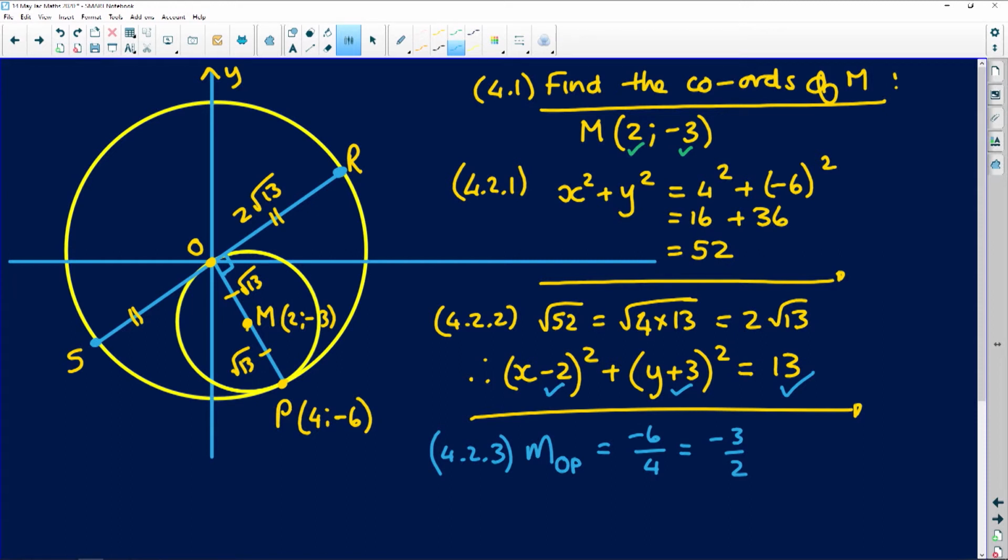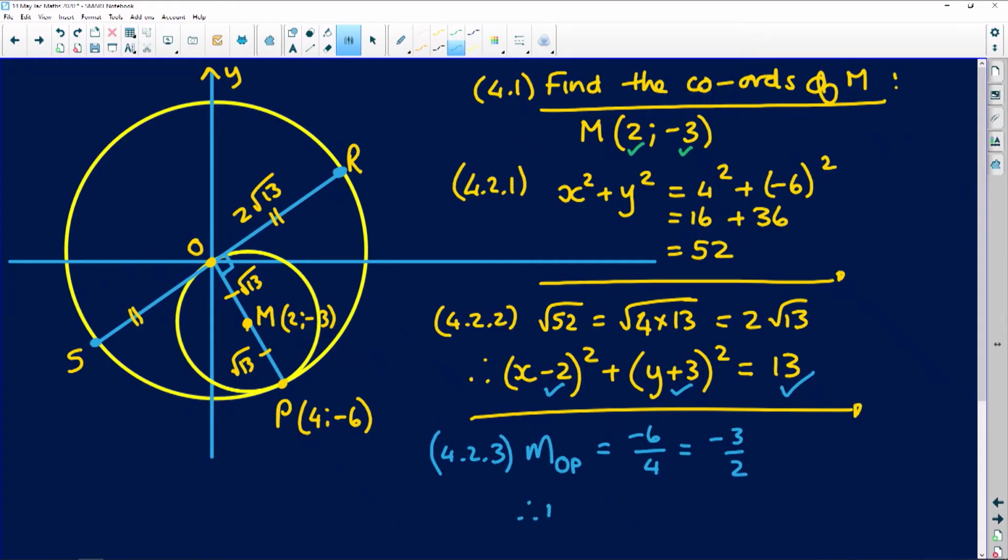SR, they told me, is a tangent to the smaller circle. So that relationship is orthogonal, or it's a perpendicular line. So the product of those two gradients has to be minus 1. Let's have a look. So the gradient of RS is then 2 over 3. If you multiply those two together, you get the minus 1.